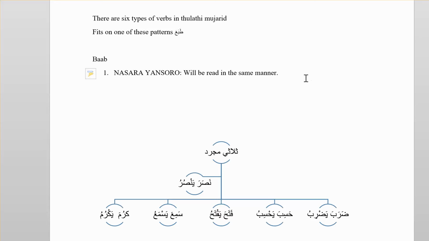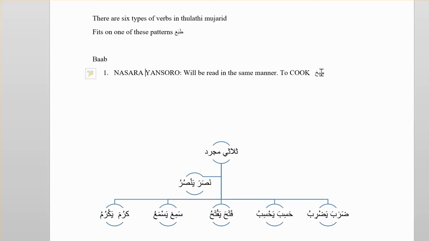Tabakha, for example, means to cook. Now, the word tabakha, when you look it up in the dictionary, will tell you that it's in bab nasara. So now you already know how to read the word.